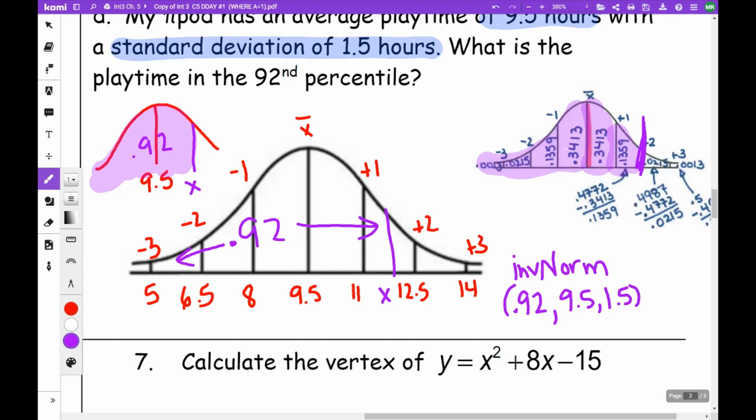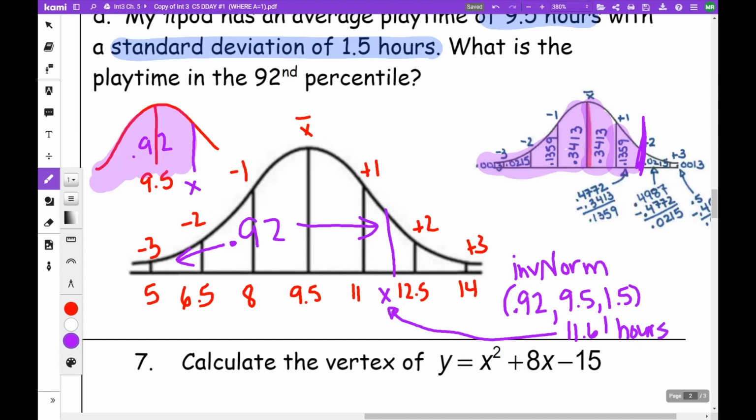I end up with an 11.61, let's say, as our answer. And that is within this range. Okay, so that's the amount of hours that would put us in the 92nd percentile.